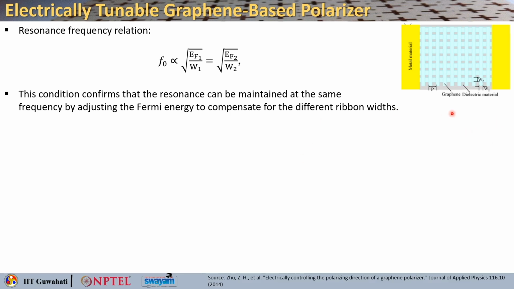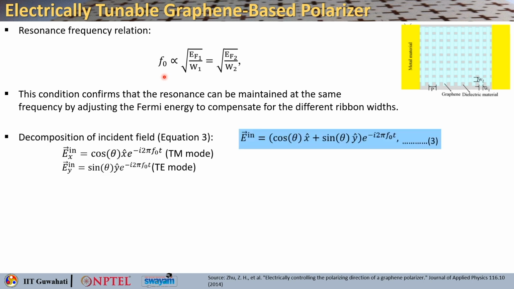So, EF1 and EF2 need to be correspondingly adjusted, so that you still get the same resonance frequency from the two different nano ribbons.